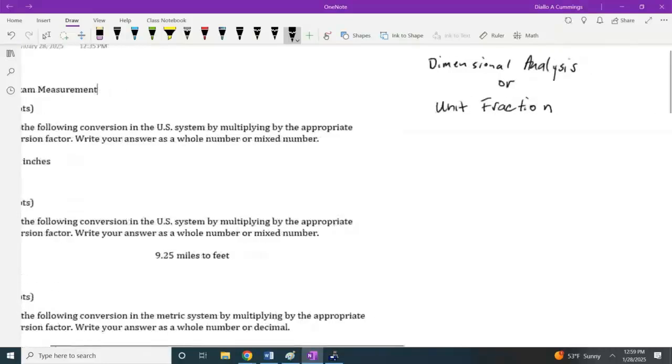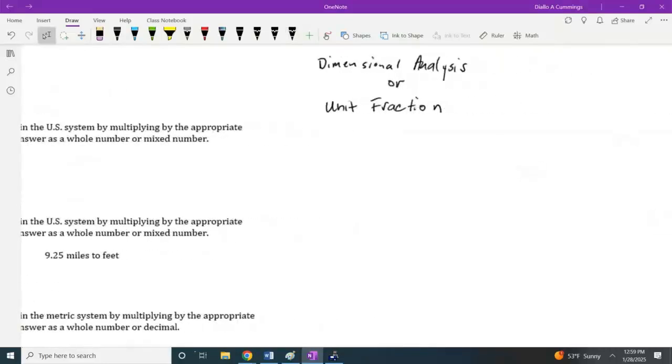Now here's what a unit fraction is. A unit fraction is a special form of 1. Now, if you're talking about a fraction, if you put anything over itself, that equals 1, right? 12 over 12 is 1. 0.5 over 0.5 is 1.